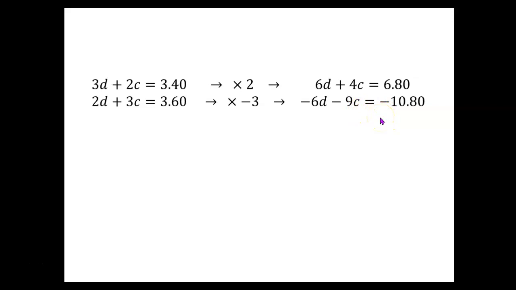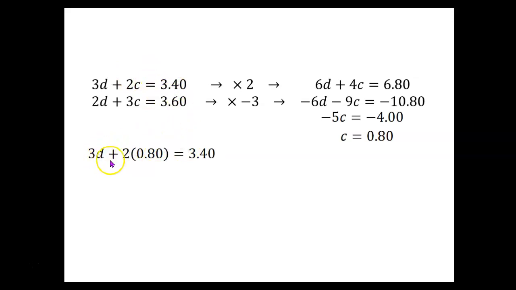And when we add those equations together, we get -5C equals -4, $4. Divide both sides by -5, we get C equals 0.8. The calculator will show it as 0.8, but since it's money, I put an extra 0 and said it's 0.80, like 80 cents.